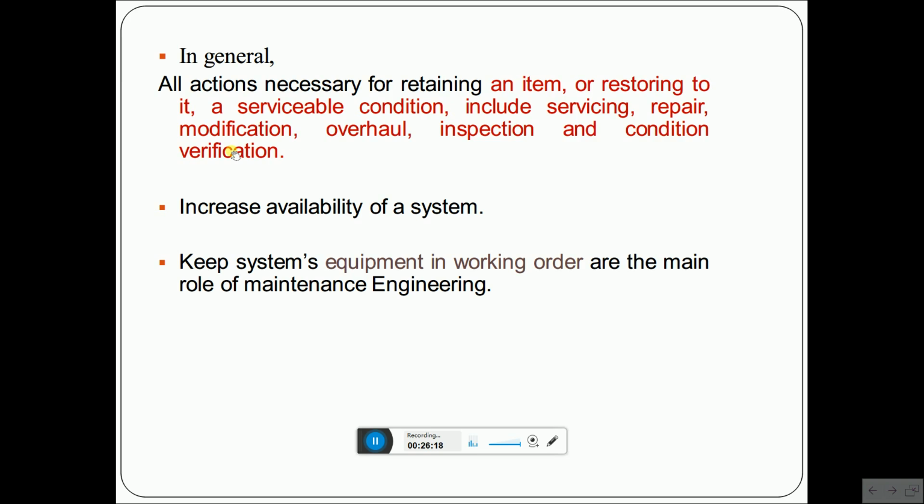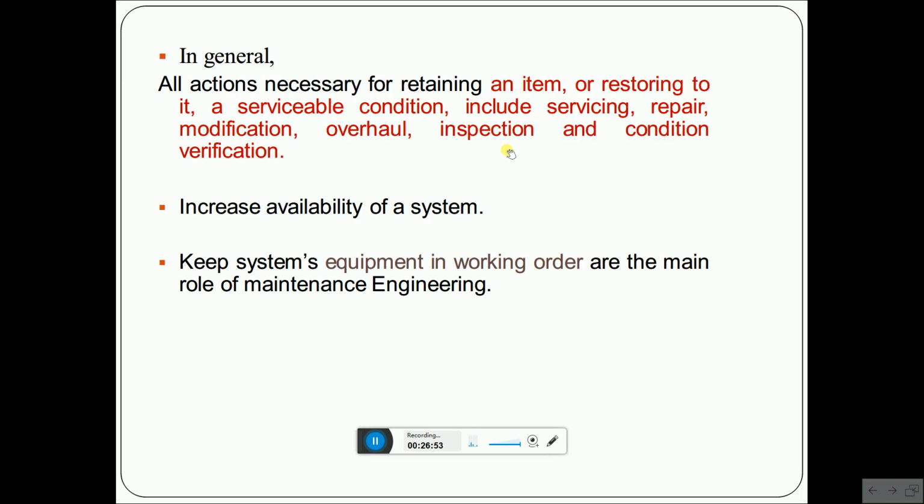Modification would be that I modify the properties of the screen glass so that it is much more robust to failure. Overhaul is where I have a complete major overhaul of the memory card, the processor, the keyboard, the screen. So we have a complete overhaul.